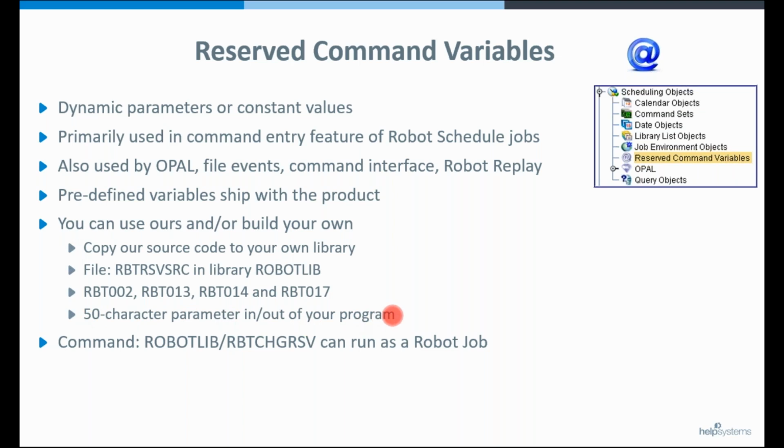That's kind of the limitation of reserved command variables. And then also there's a command that you can run in a robot schedule job called robot lib RBT change reserve variable. And that gives you the capability to modify reserve variables. So you might use that command to set the business date that's going to be used by all the other jobs that you're calling for that night's processing.